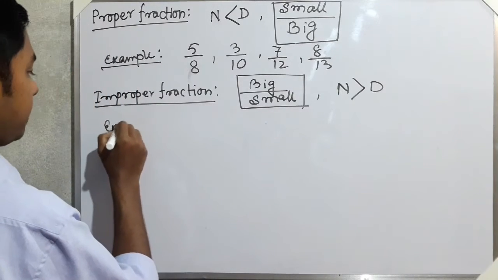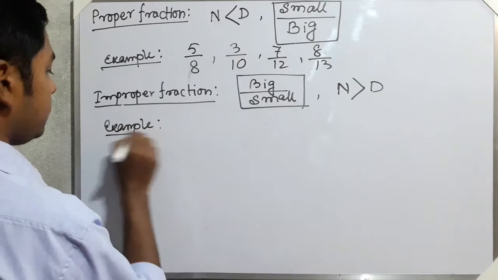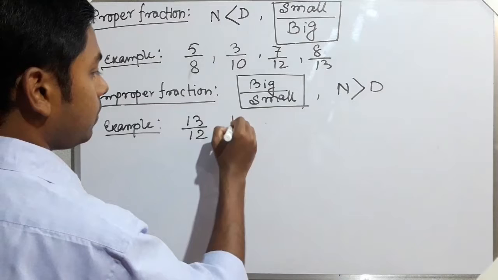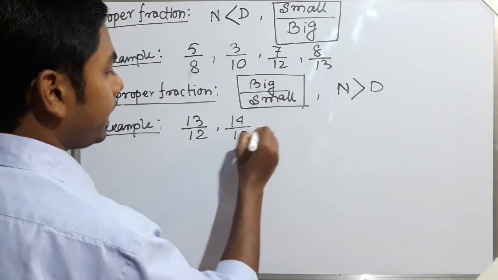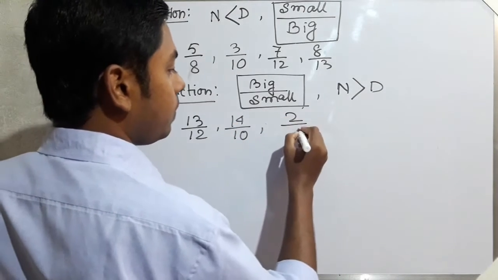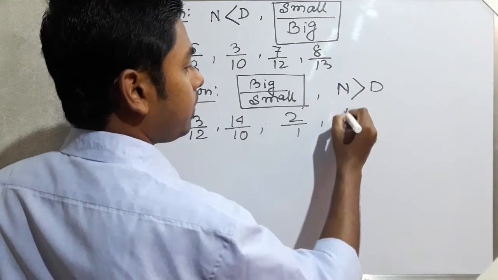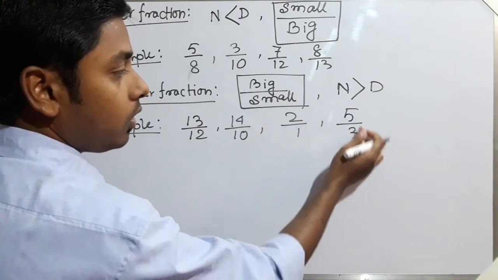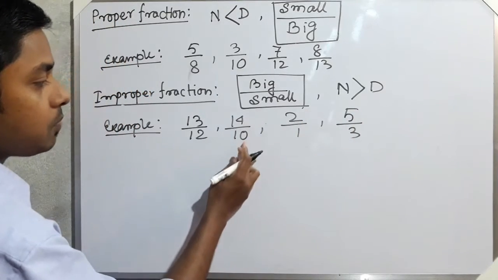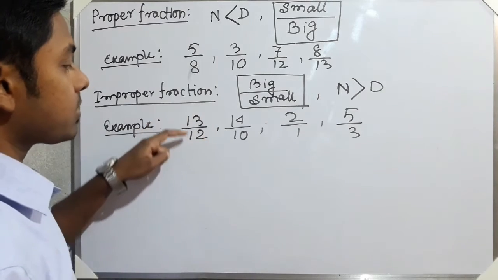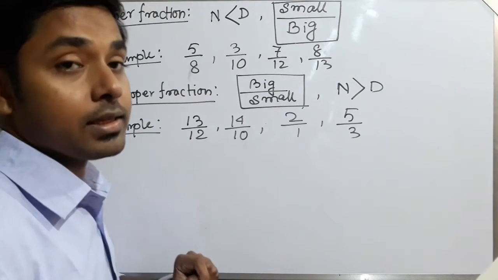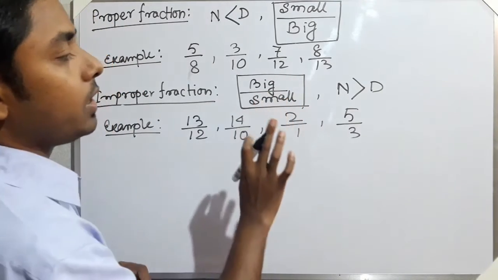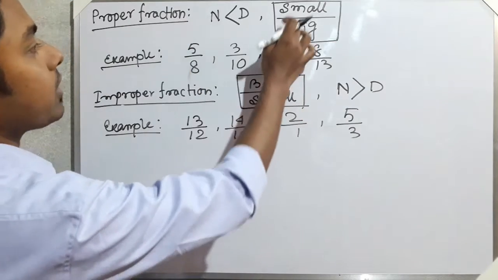Now we will have some more examples. 13 by 12, 14 by 10, 2 by 1, 5 by 3. These are improper fractions. That means big by small. 13 is greater than 12, 14 is greater than 10, like this. The numerator will be greater than the denominator, and the form is big by small, and for proper fraction small by big.